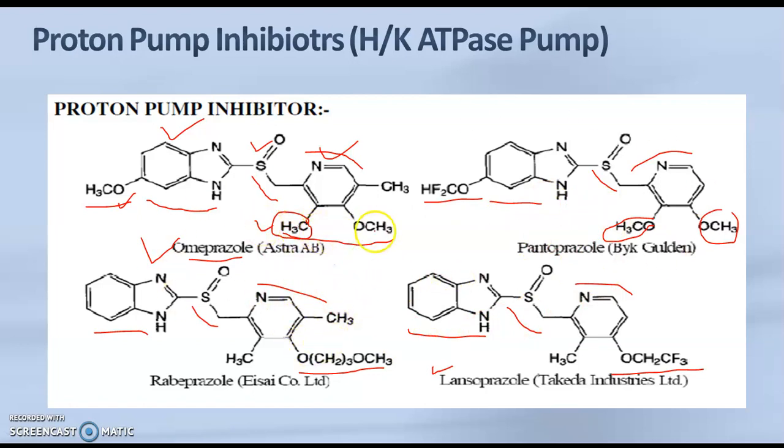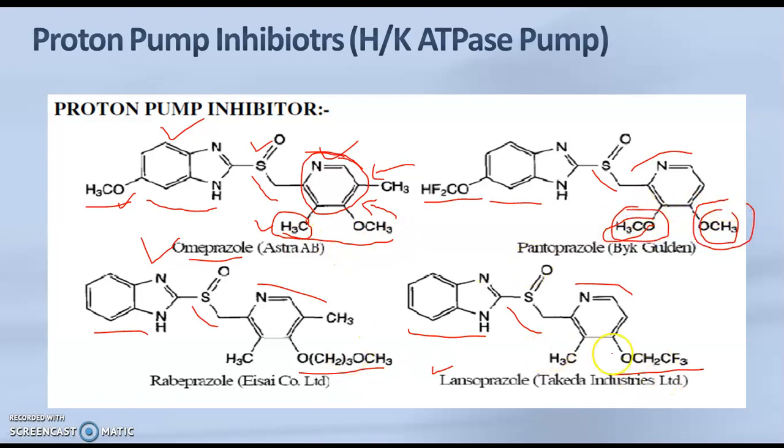One more clue I would like to give you is that on the pyridine ring you'll find electron donor type substitution. Like you can see here, methyl is electron donor, methoxy is to some extent on the border of electron donor and withdrawing. So it is a mild type of group, not electron donor, not withdrawing.